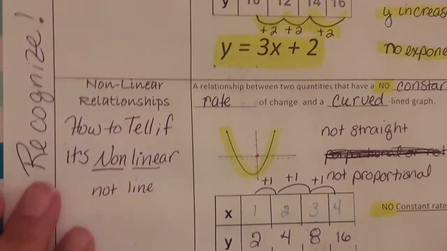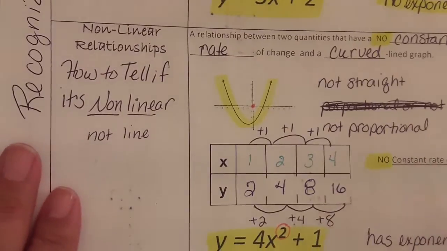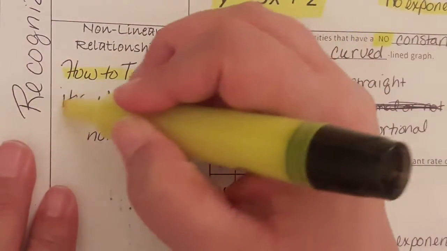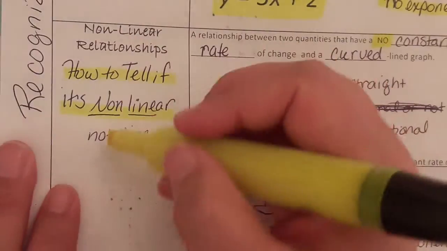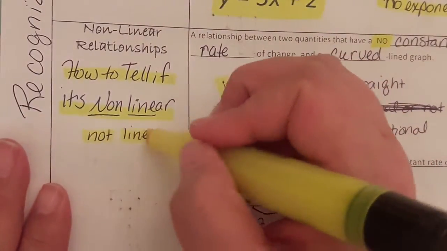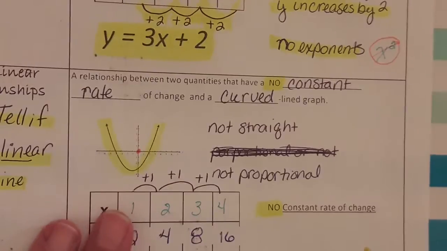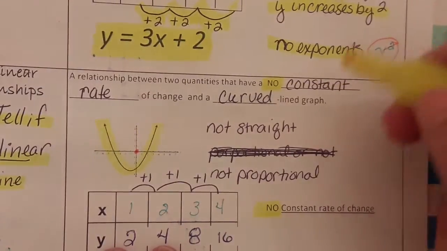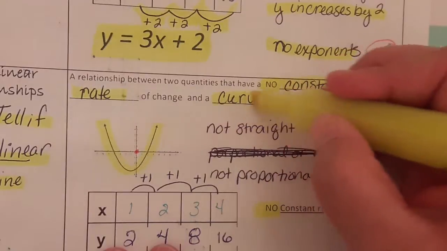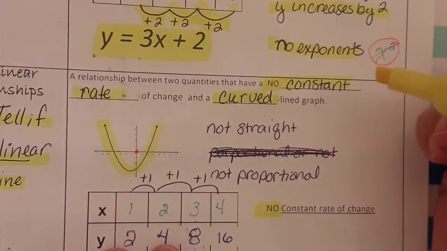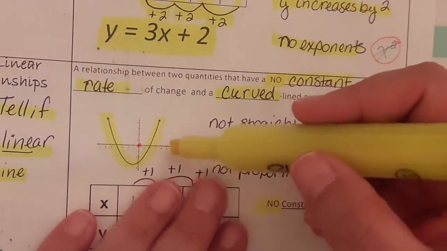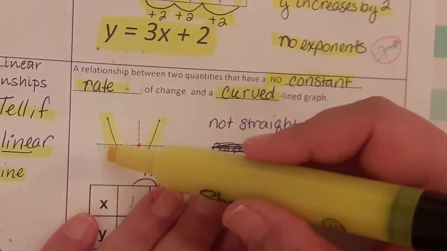Now, how do we tell if it is not linear, if it is non-linear? Non meaning not, and of course linear meaning a line. Well, first of all, there will be no constant rate of change, and it will have a curved line graph. So when you're looking at a graph, that's pretty easy. I mean, look at this thing. This is called a parabola.